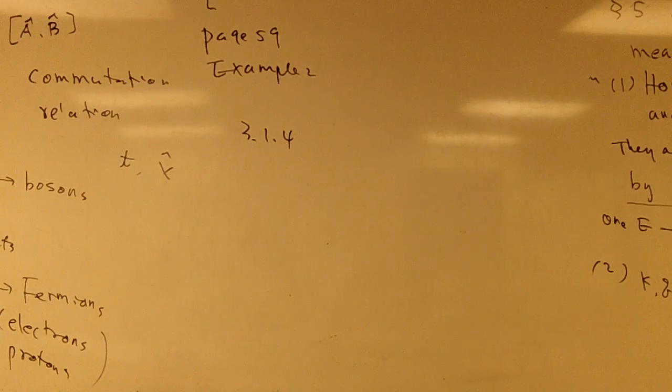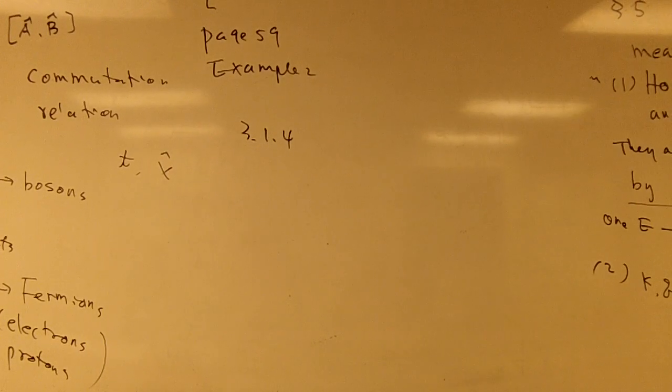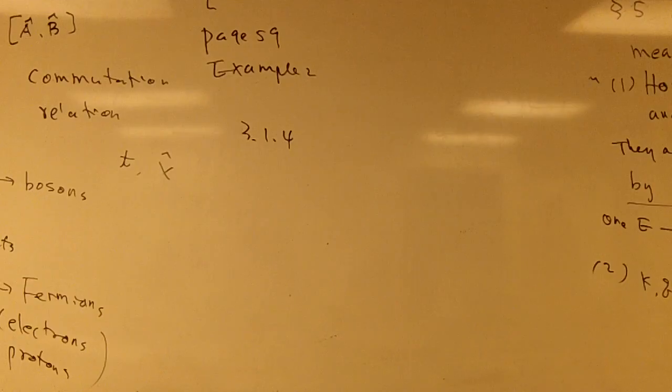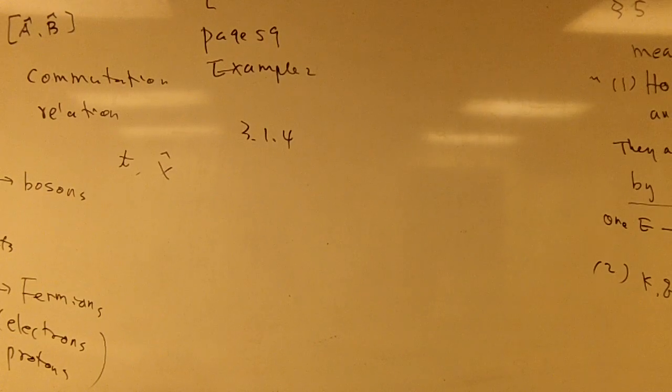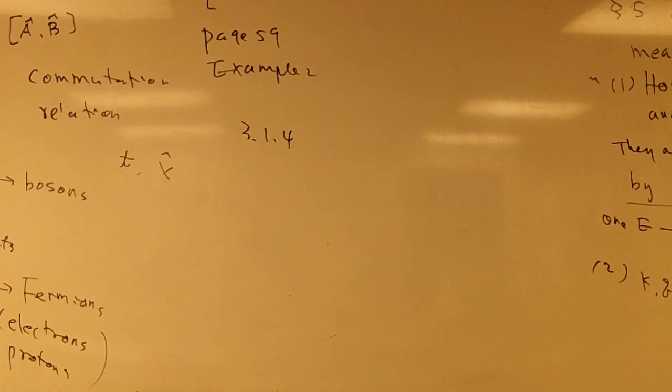It says operators. Go to equation 3.1.4. Oh, you still have one. Are you able to find it? I think so. Okay. Yeah, just go ahead and read that example here.